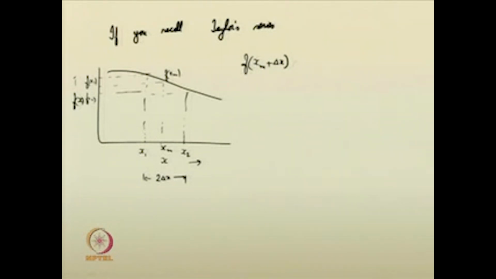This is nothing but f of x m plus 1 by 1 factorial the derivative of this function at x m into del x, plus 1 by 2 factorial the second derivative of this function at x m into del x whole square, and the series goes on.